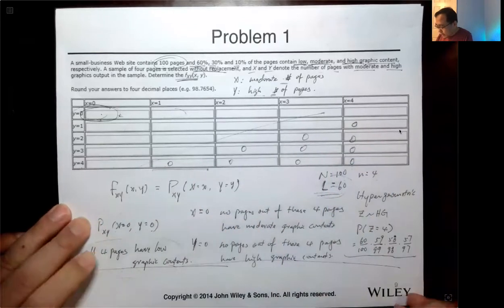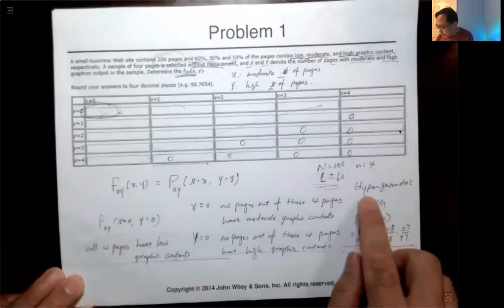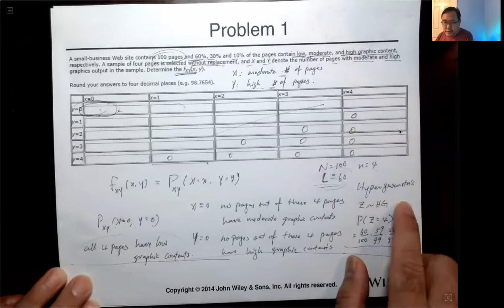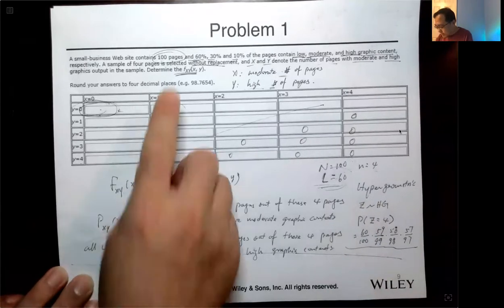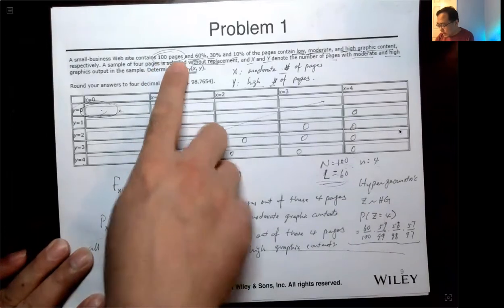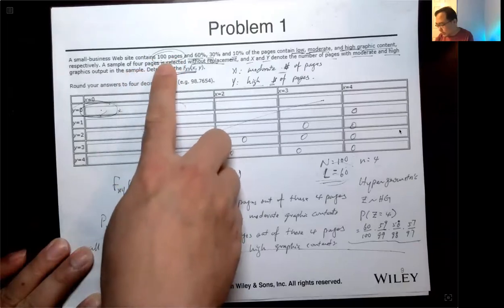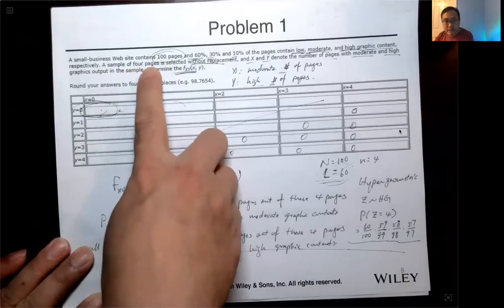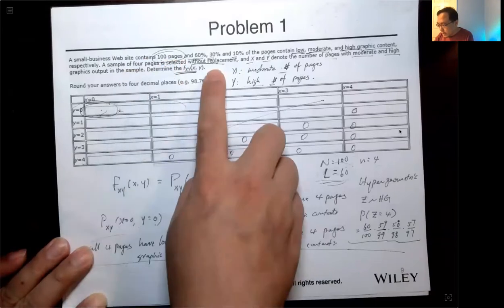Okay, and in the class, we discussed why this is a hypergeometric case. That's because there's a finite population, 100 pages, and the sample is taken from this finite population, 4 pages taken from this 100-page population.